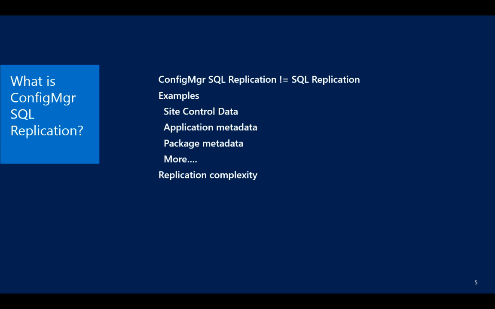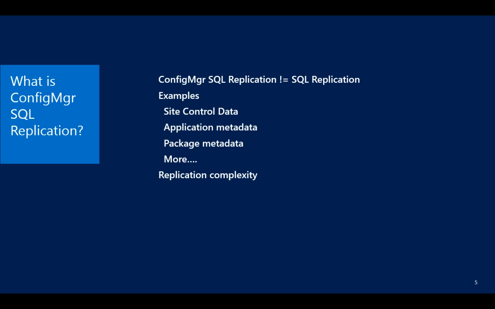Here, we're talking about all the metadata associated with various aspects of managing a site. That could be site control data, application metadata, package metadata, software update groups, or client settings. All of that moves through this mechanism called Config Manager SQL Replication.